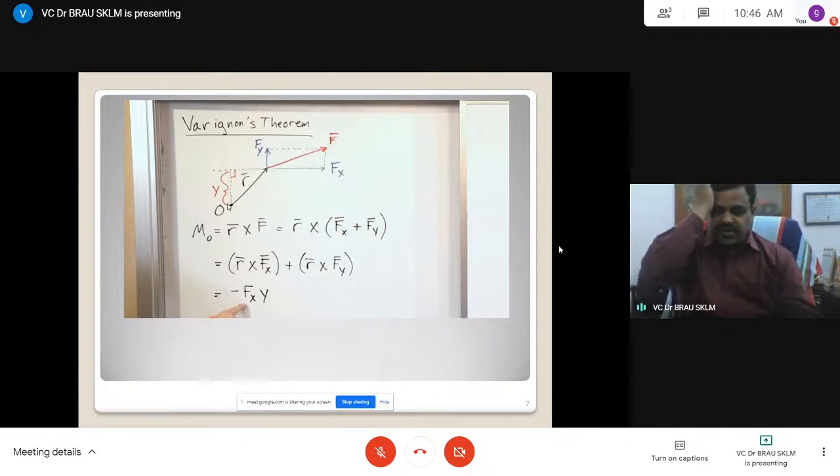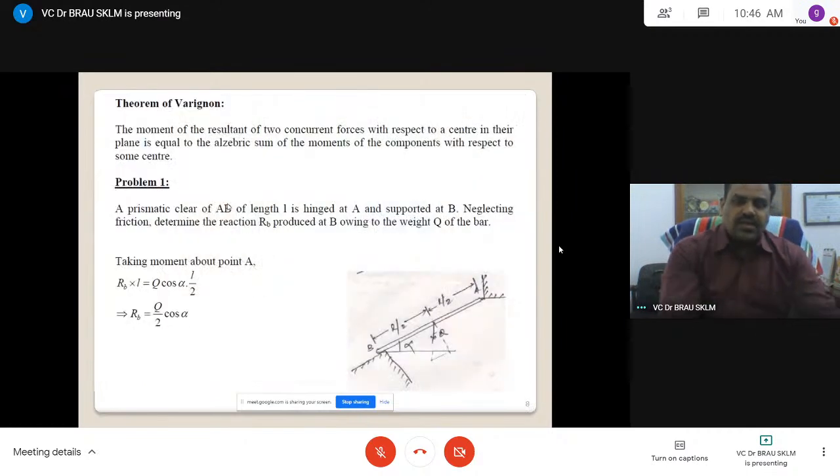I am only explaining the difference between a scalar notation and a vector notation. Now the theorem: the moment of the resultant of two concurrent forces with respect to the center in the plane is equal to the algebraic sum of the moments with respect to the same point, not some other point. It is the same point.